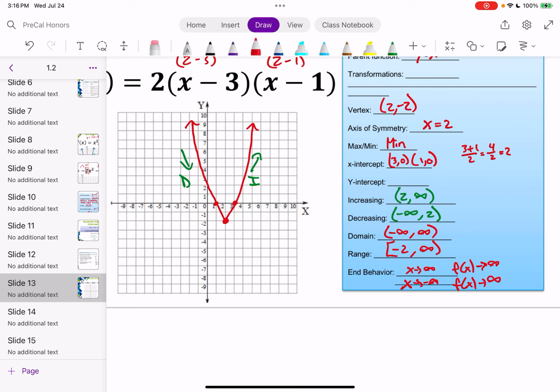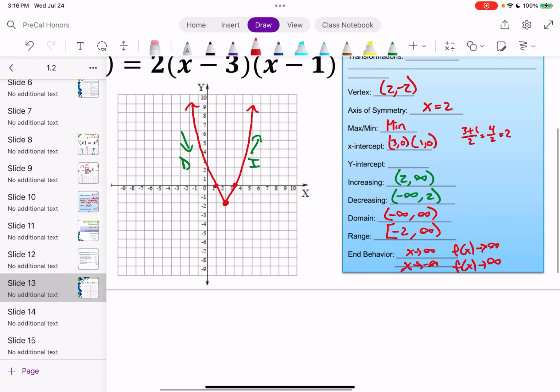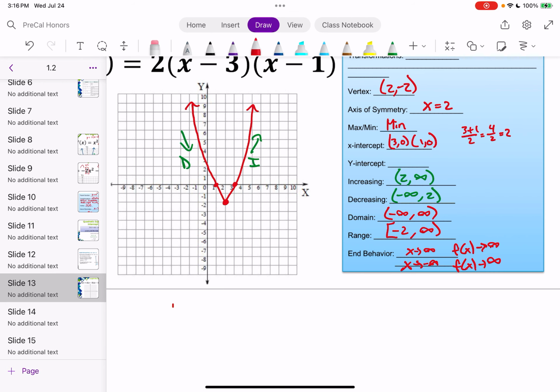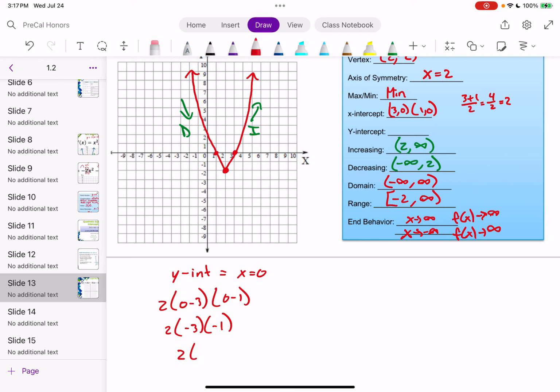We're going to figure out exactly where our y-intercept is going to be. Keep in mind, the y-intercept is whenever x is equal to 0. So we have 2 times 0 minus 3 times 0 minus 1. 2 times negative 3 times negative 1. 2 times 3, which is equal to 6.